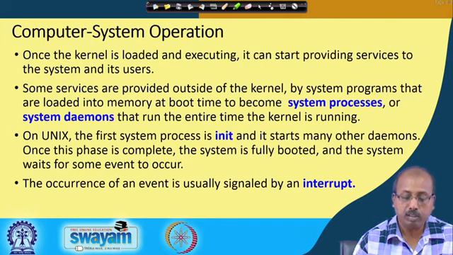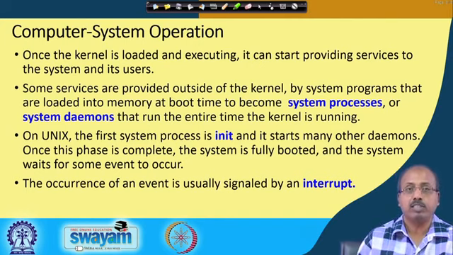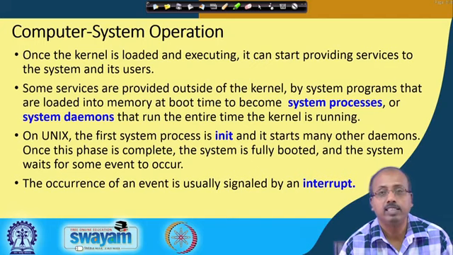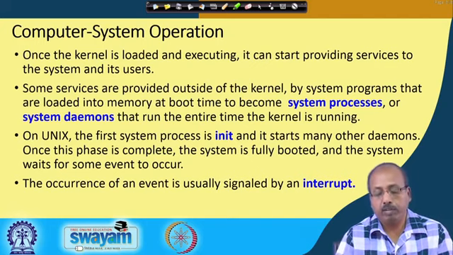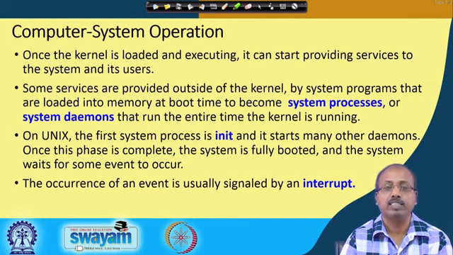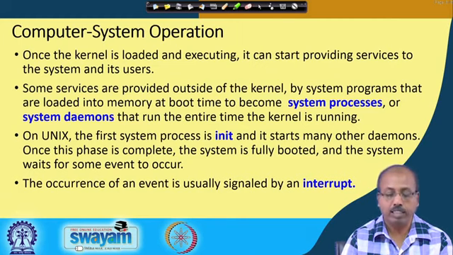On a Unix operating system, the first system process is the process whose name is init. If you look into any Unix operating system and see what processes are running at any point of time, you will find a process named init. This is the first process created when the system boots, and it starts other daemons.